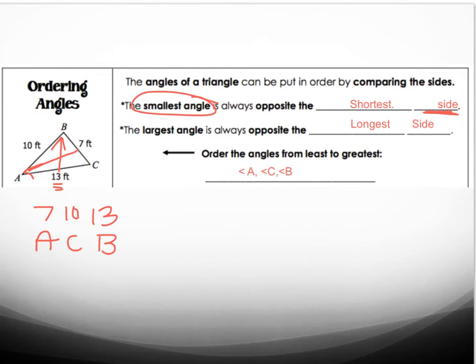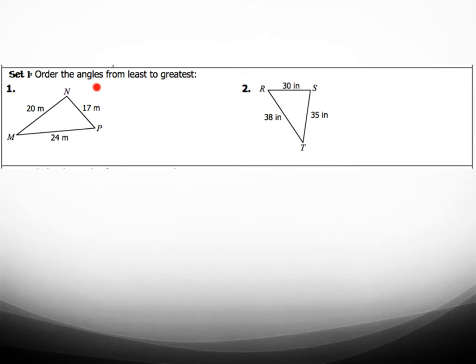So let's practice. Order the angles from least to greatest. I recommend 2 things: that we write out what we're given in order from least to greatest. So we are given 17, 20, and 24. What am I given? I am given sides.